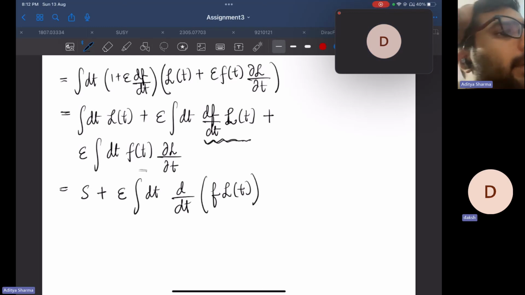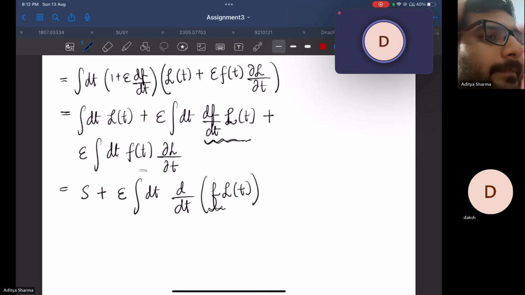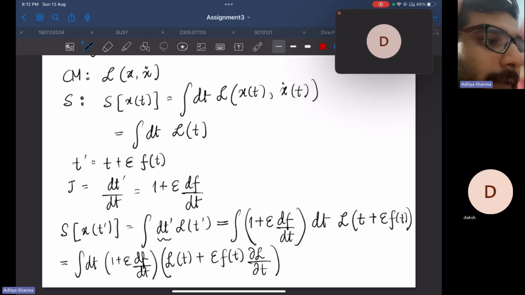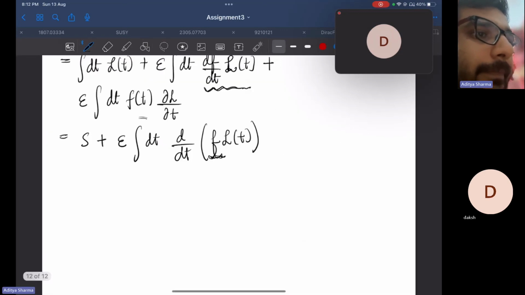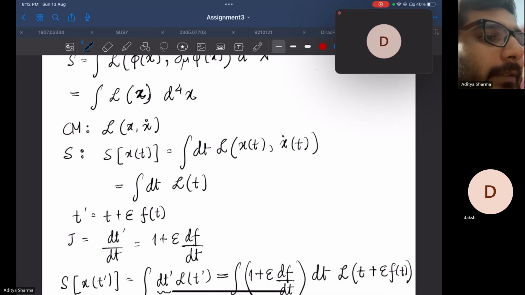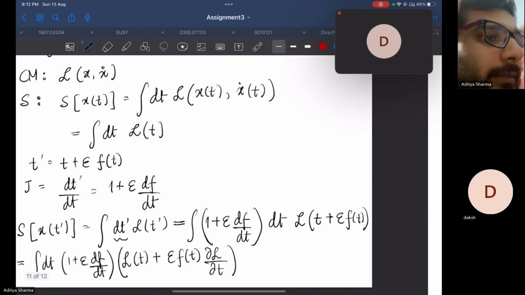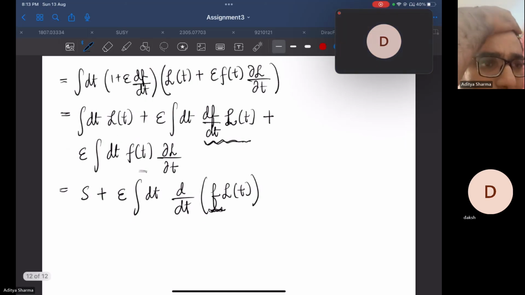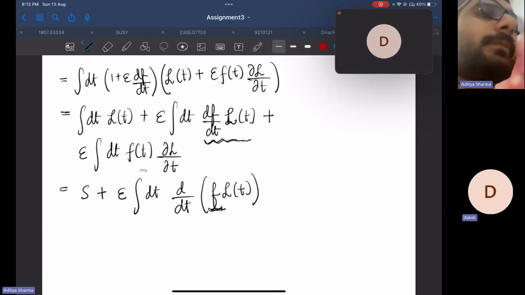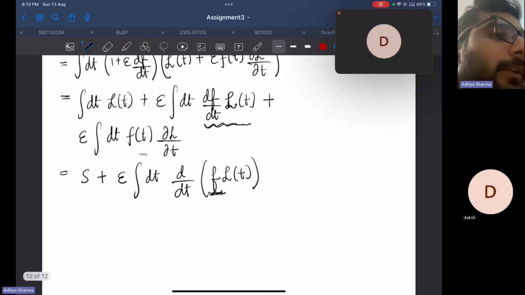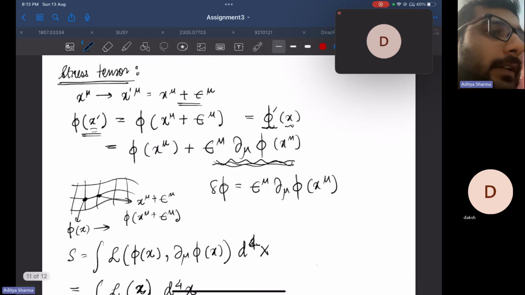Now you choose this f to be some constant. If I were to choose this f to be a constant, then the Jacobian is just one. So I actually should have started with f being a constant. I made some problem in the argument, but I'll choose this f to be constant.